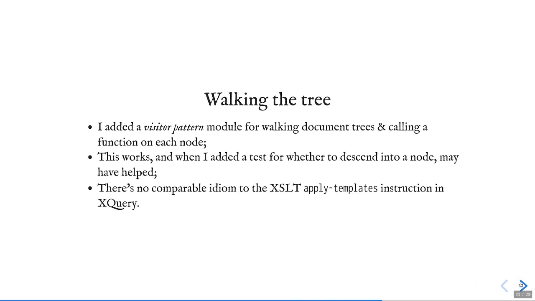A matcher typically walks the tree and maybe walks both trees in some way, or some subset of both trees. So I added a visitor pattern module from the good old patterns book from years ago for walking document trees and calling a function on each node, and you supply it a map with functions like element this and document node that, and so on. You can give whatever you want. You don't have to give them all.